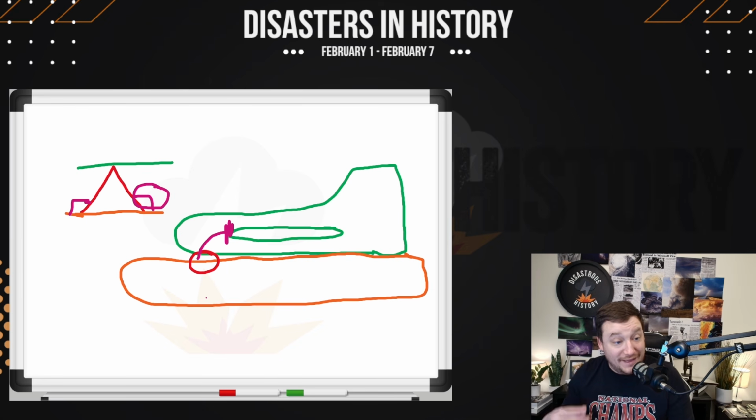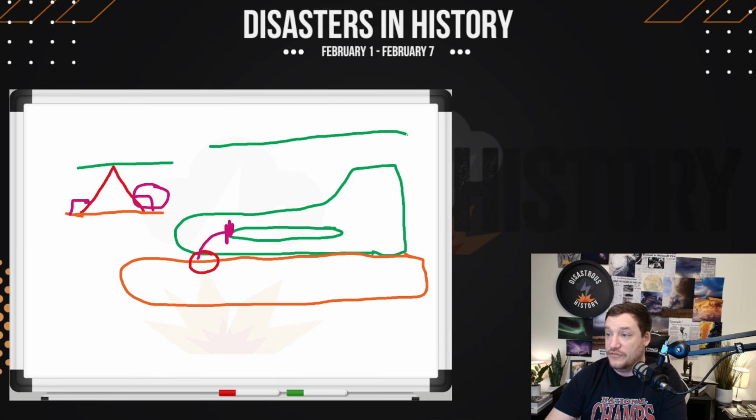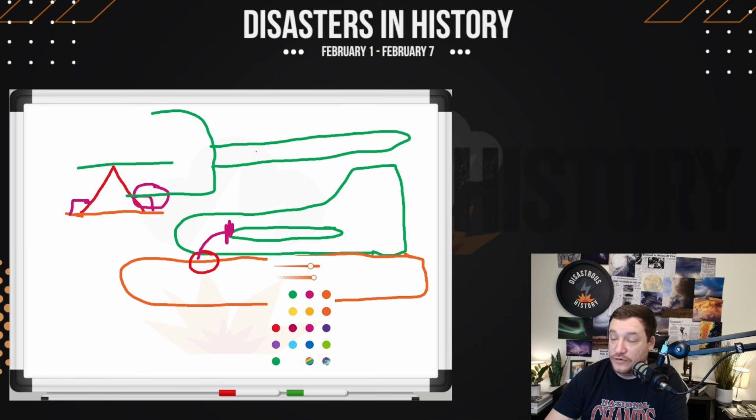So when they came in, there was that little tiny hole, all of those hot gases. So let's do a little drawing here. So you've got your wing coming out like this. You got your body of your shuttle right here, like so. You have a nice little hole right in this area right here.